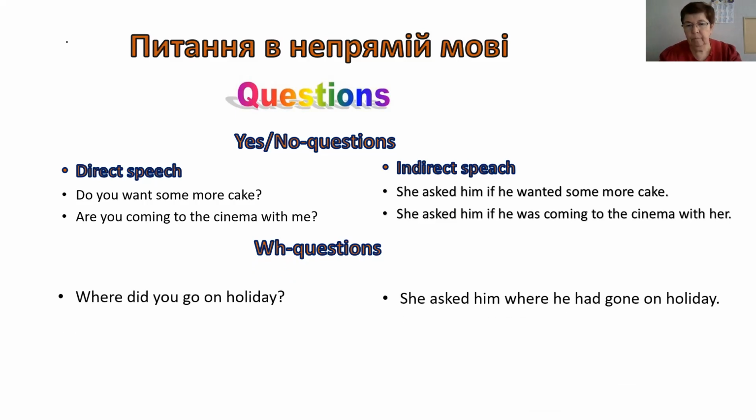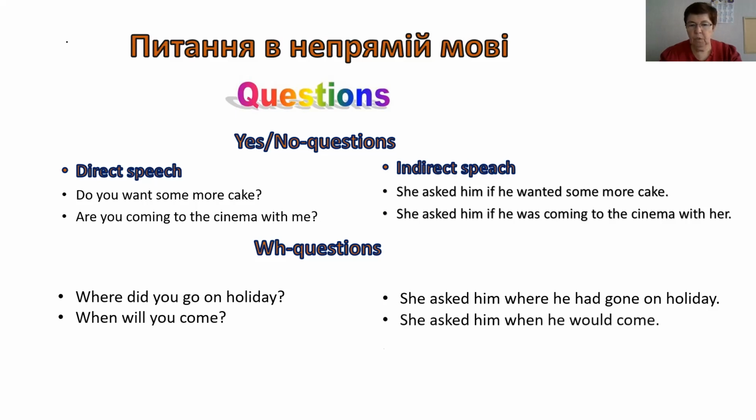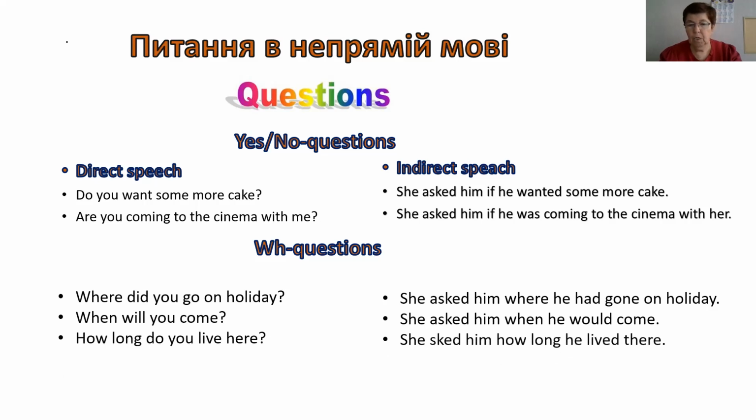She asked him where he had gone on holiday. When will you come? She asked him when he would come. How long do you live here? She asked him how long he lived there.